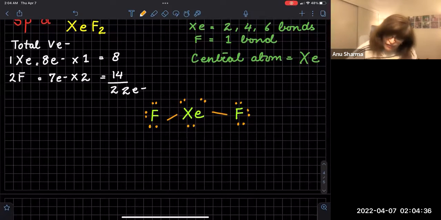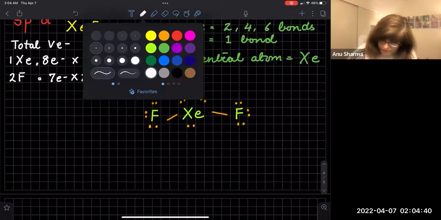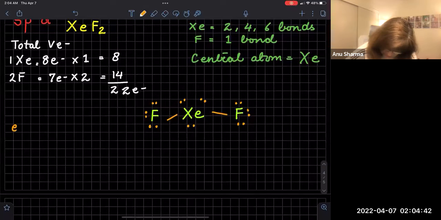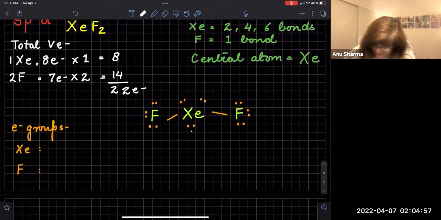Now let's count the total number of electron groups on xenon and on fluorine. Remember that lone pairs are also considered electron groups.